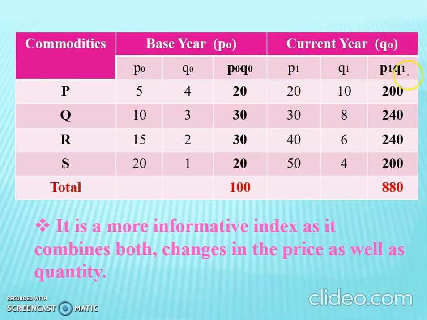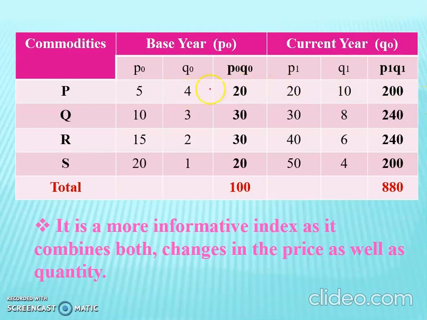So for commodity P, we are considering this column because here we are going to calculate the value index number. So we are considering the P0 Q0 column and the P1 Q1 column for calculation.